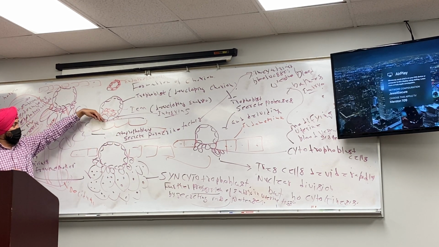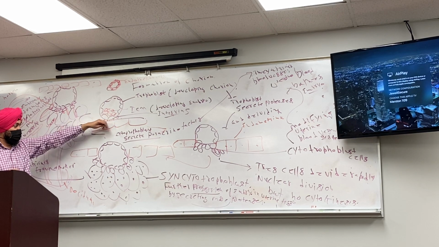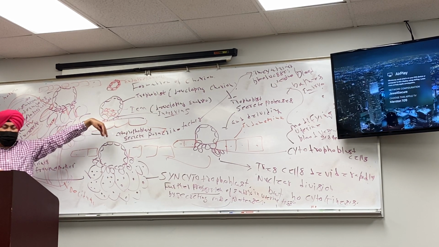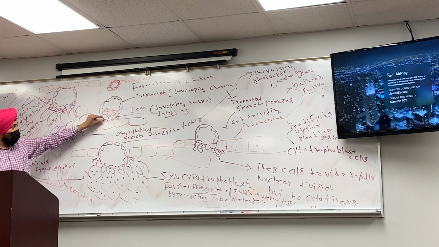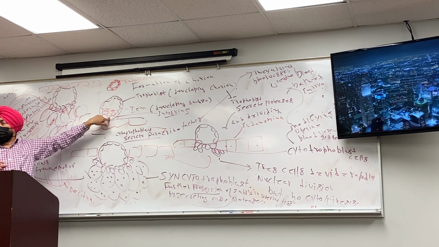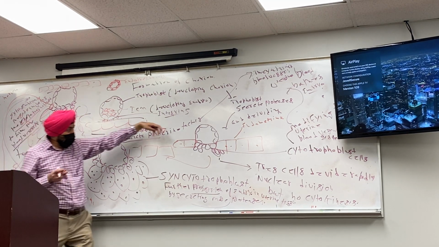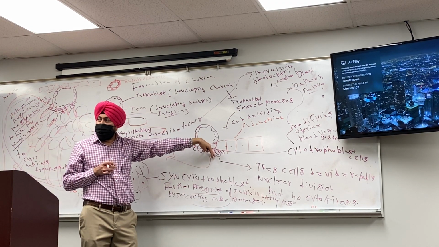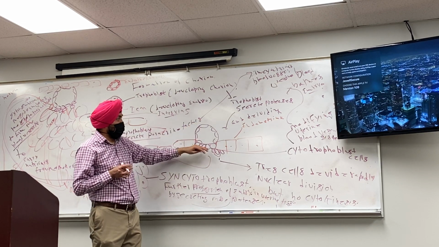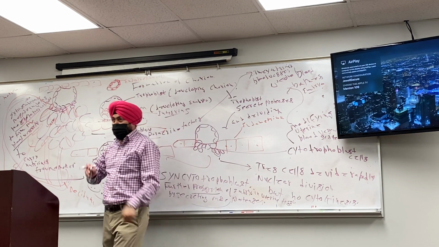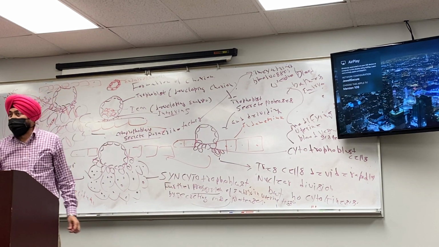When they start secreting proteases, they are digesting extracellular matrix and trying to take themselves in. And they can do that by dividing these cells more. These cytotrophoblast cells start dividing, and they actually start digging inside. At that time, we call these cells cytotrophoblast cells. We don't call them trophoblast cells anymore because they are at the next stage.